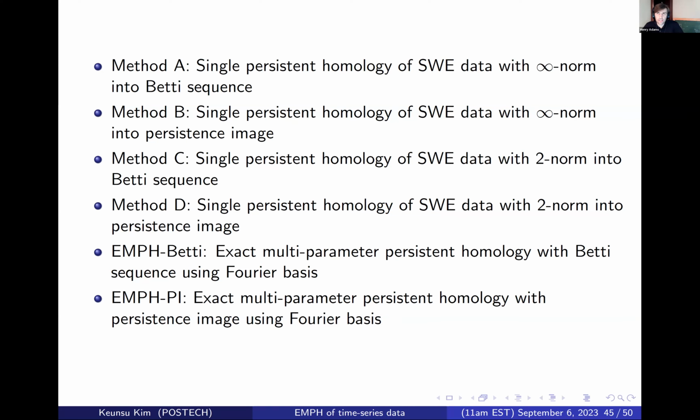Keunsu, there was one thing that I didn't understand. I'll have to check out your paper maybe, but I understand the computation of these barcodes of the torus. But then how does your data feed into that?